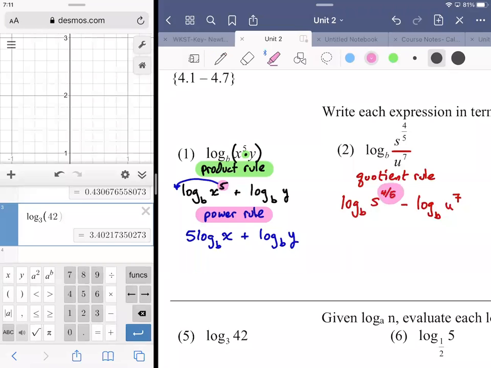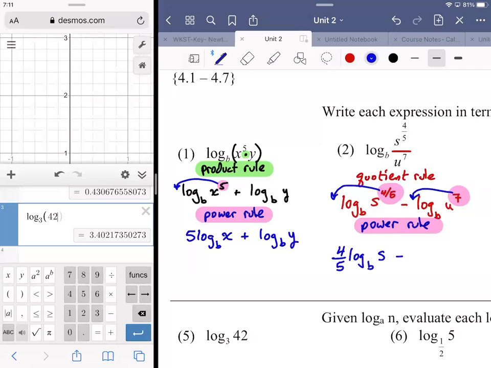Then I would apply my power rule again, this time in two separate instances. Those exponents hop over to the front of the log, and we end up with 4/5 log base b of s minus 7 log base b of u.